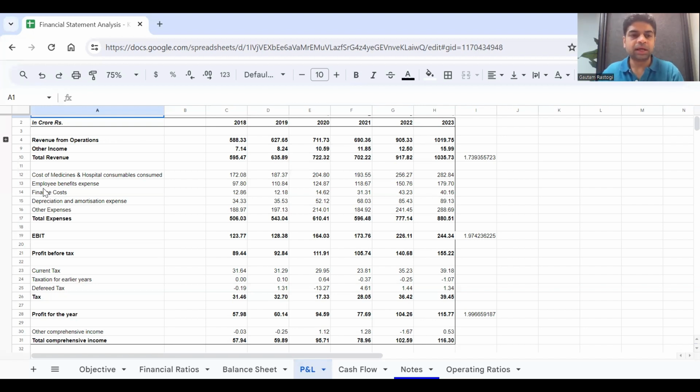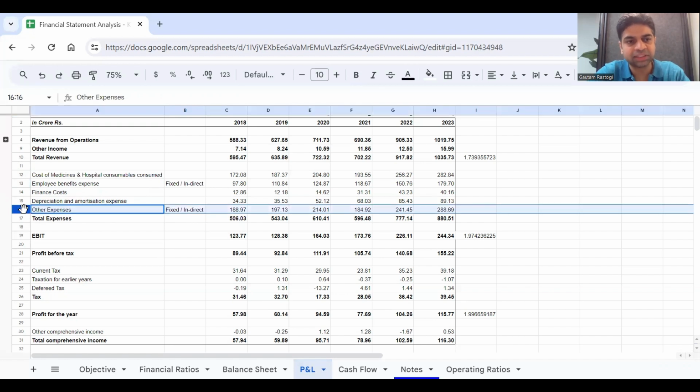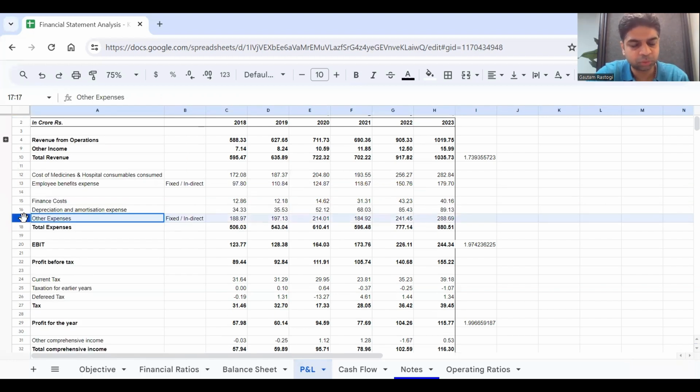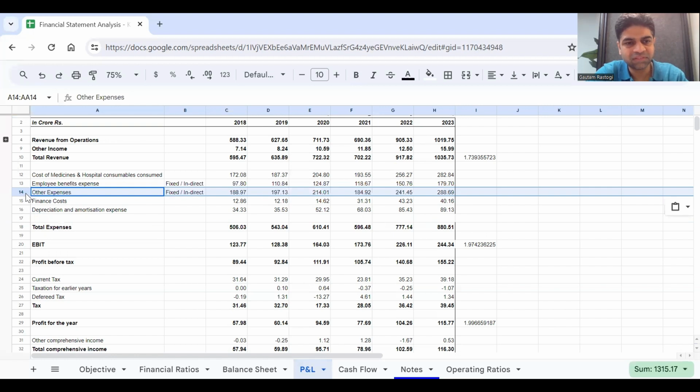In these line items, employee benefit is a fixed cost, or you could also call it indirect cost. Even in other expenses, you have hospital maintenance and upkeep expenses. So let me move it here. Again, this is your fixed or indirect cost, and that is where the concept of operating leverage plays out.